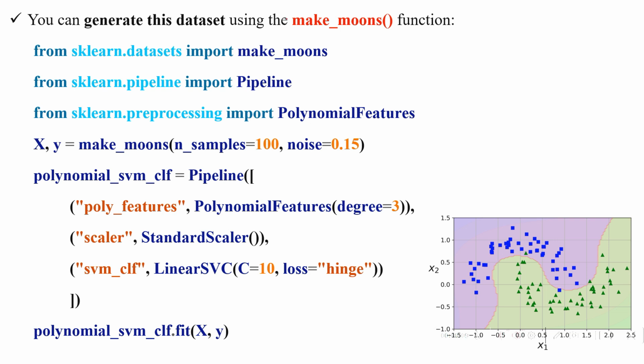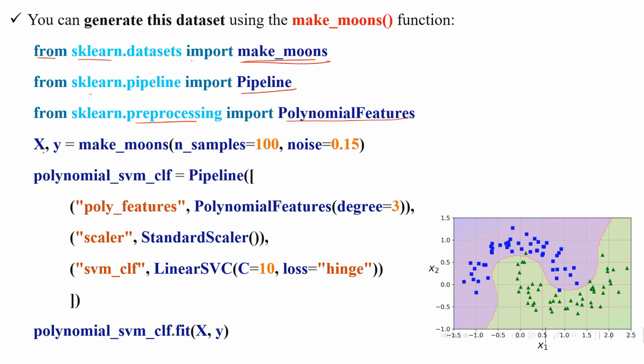First of all, we are going to make use of the make_moons dataset from sklearn.datasets. We import make_moons, from sklearn.pipeline we import Pipeline, and from sklearn.preprocessing we import PolynomialFeatures.